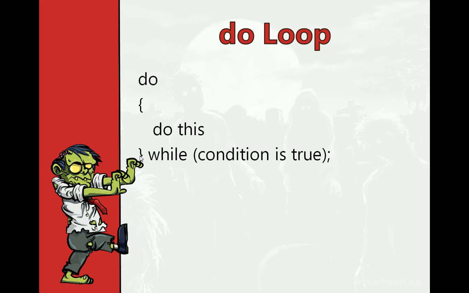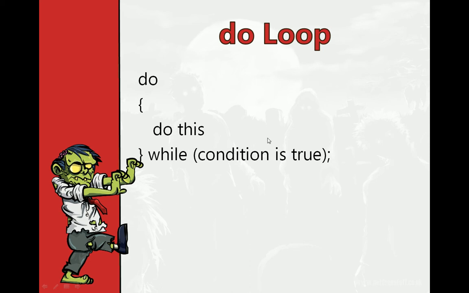Then we have the word while, and then this condition is true. So while this condition is true, it's going to go back up to the top of the loop body, and it's going to run the loop again, until this condition is false, then it's going to quit running the loop.